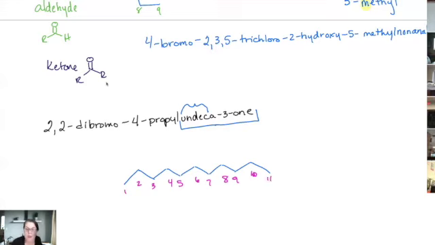So what is going to be the group that gives us O-N-E? Ketone. Ketone, good. So this is where knowing what a ketone looks like is going to be really important. So a ketone means I'm going to have a carbon-oxygen double bond on my chain.